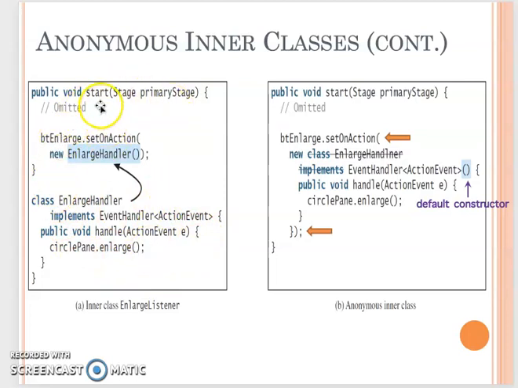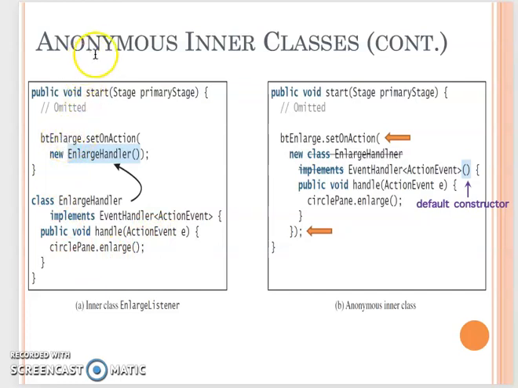Here we just use the regular inner class to define our handler class. In the inner class, you have the class name, you implement your interface's name, and your method name. After you define this inner class, you need to create an object to register to the source object.